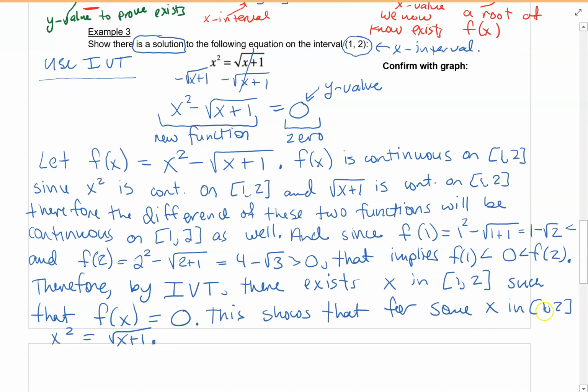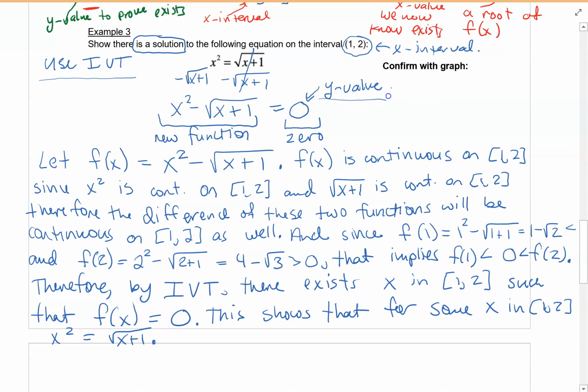This shows that for some x in the interval 1 to 2, x squared must equal the square root of x plus 1. Because when you show that the difference between two things is 0 at some point, what you're essentially showing is that they must have the same value at that point. So you kind of want to come back to that, tie it all together with the original thing you were asked to show. But that's the general process when you're asked to find or show if there's a solution to an equation. You subtract 1 from the other side to make a new function equal to 0.